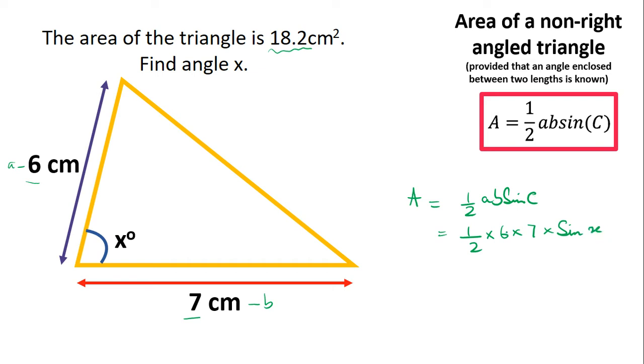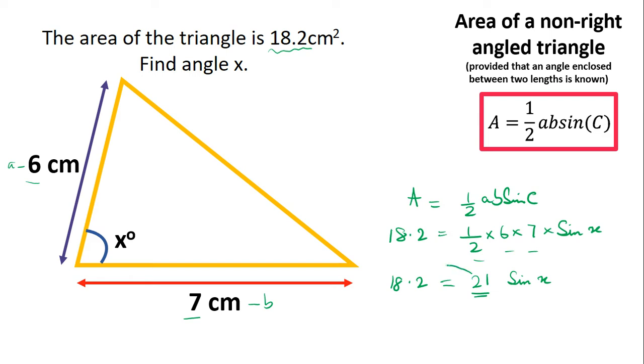I'm just going to write x, and all of that is equal to my area, which is given to me as 18.2. First, I'm going to solve half times 6 times 7. So 6 times 7 is 42, and 42 divided by 2, or 42 times half, gives me 21. So I have 21 sine x equals 18.2.